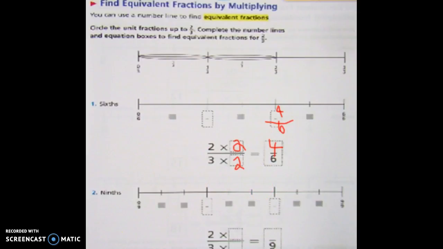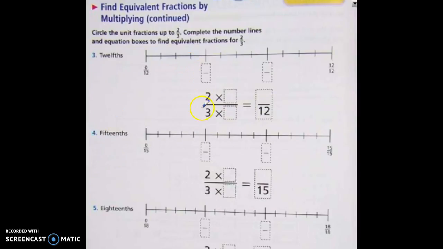Same thing down here, 2/3. 3 times 3 is 9. 2 times 3 is 6. Another equivalent fraction would be 6/9. 3 times 4 is 12. 2 times 4 is 8. And the multiplier is 4.